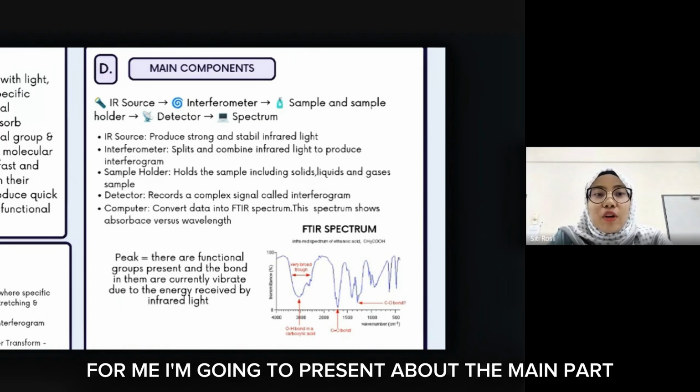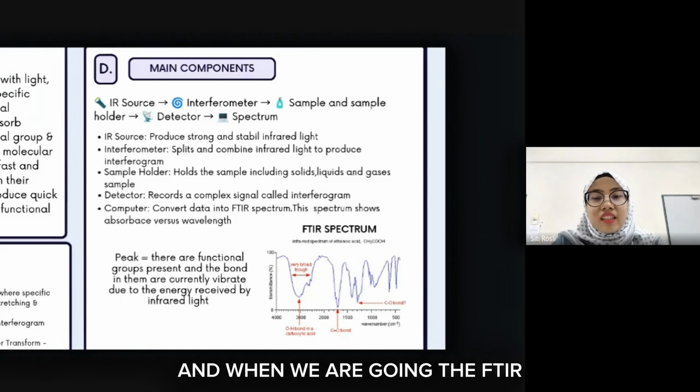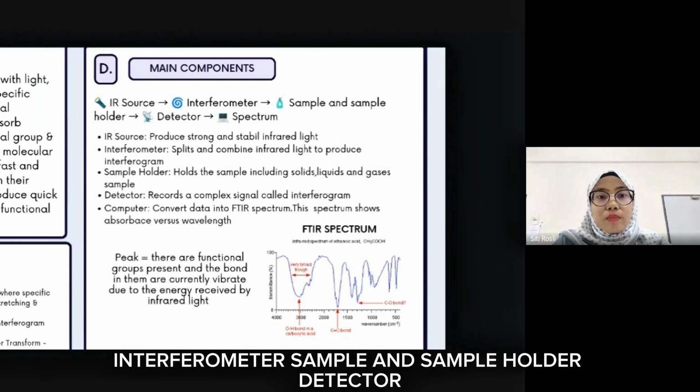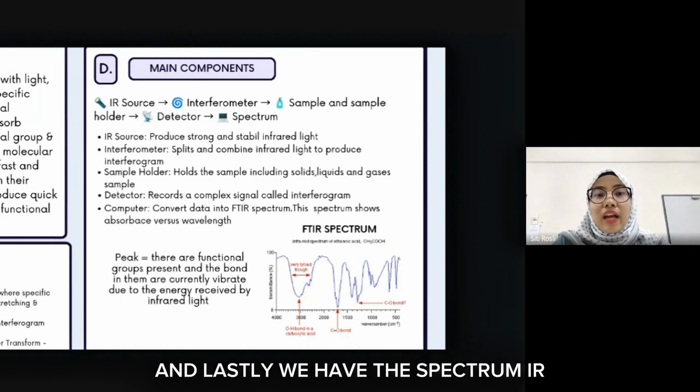Hello, I'm Siti Haja. I'm going to present about the main components of FTIR. We have the IR source, interferometer, sample and sample holder, detector, and lastly, the spectrum.